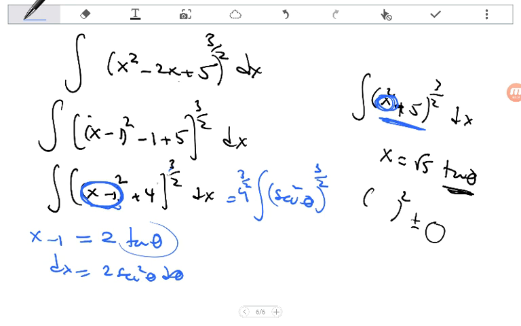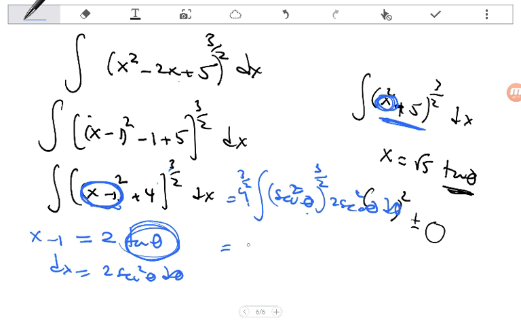I take the number with its power out of the integral, the first step. The second step is take the function of the substitution and apply the rule immediately: 1 plus tan squared is sec squared. Okay, now dx is 2 sec squared theta d theta.